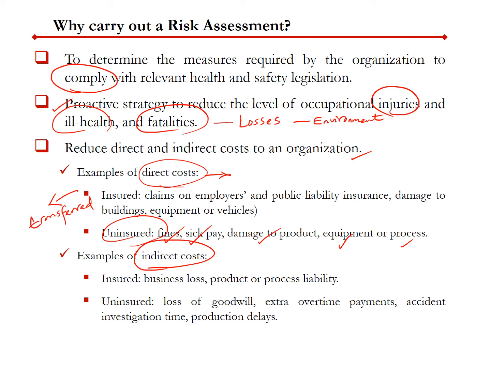You may find a way to measure them, but you cannot exactly determine how much you lose from this. Some of them could be insured, like business loss, how much loss you've made in the business, product or process liability. Some of them could be uninsured, like loss of goodwill. That is when you start becoming unpopular with the people, extra overtime payments, accident investigation time, production delays, and all this could be indirect costs.